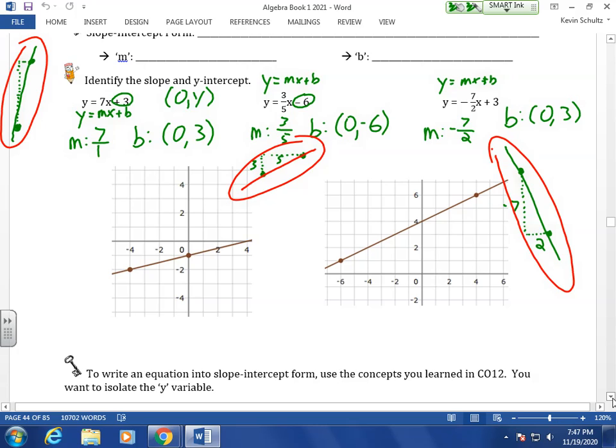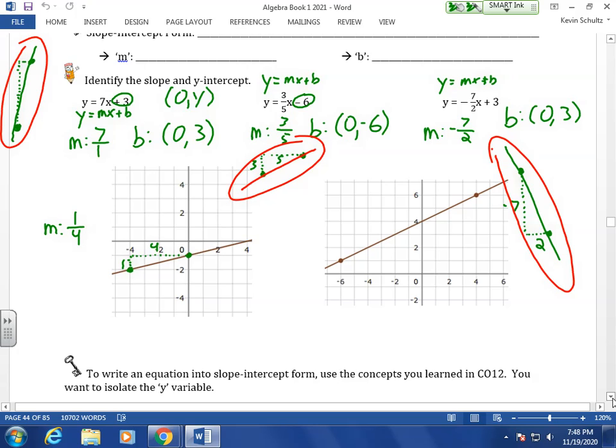So when we're given a graph and asked to find the slope and the y-intercept, well, we already looked at how to find slope when we have a graph, right? I've got two ordered pairs here. How do I get from one to the next? Up 1, over 4. So my slope for this first graph is 1 over 4.